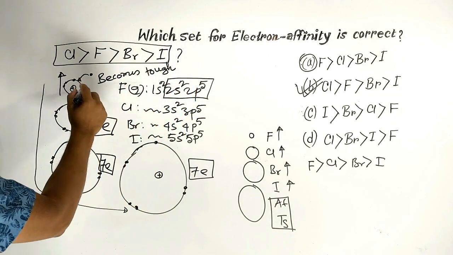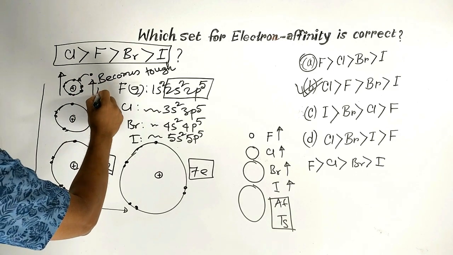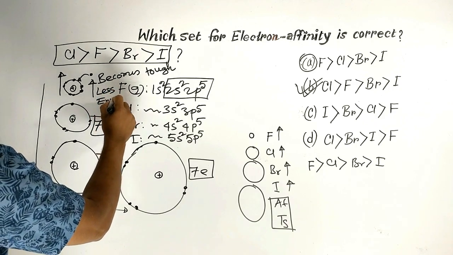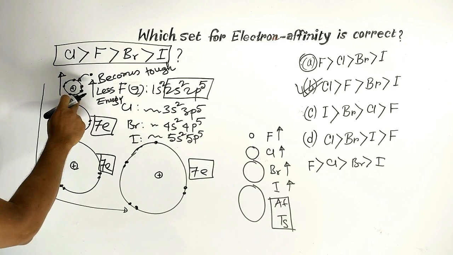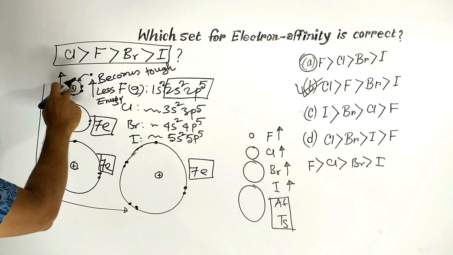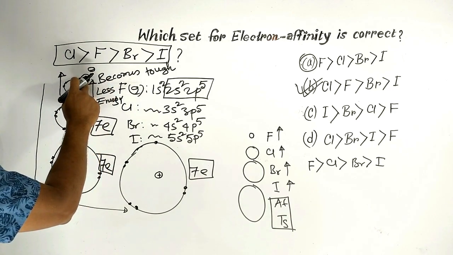That is why the energy released here is less. Due to the higher concentration of electrons in its outermost shell, it feels less attraction to the additional electron.